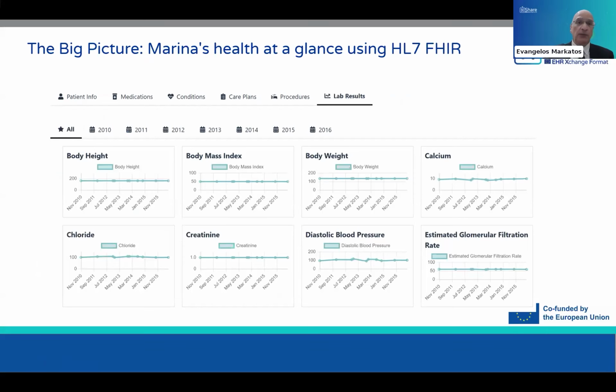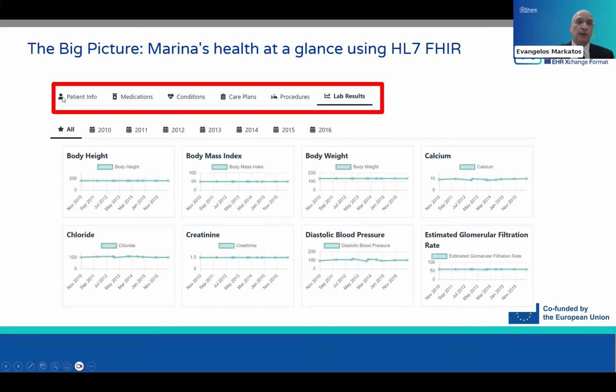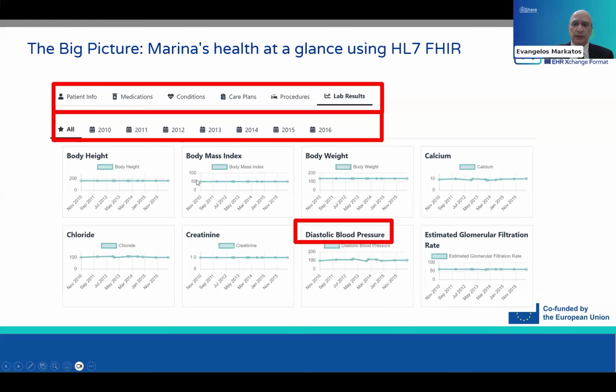This is how the big picture looks like. There is the patient info, which is Marina, the medications she is taking, conditions, care plan, procedures, lab results. And if we click on one of those, say, lab results, we can see her lab results in 2010, 11, 12, 13, 14, 15, 16, and other years. And we can see results of a specific case like diastolic blood pressure, body weight, calcium.